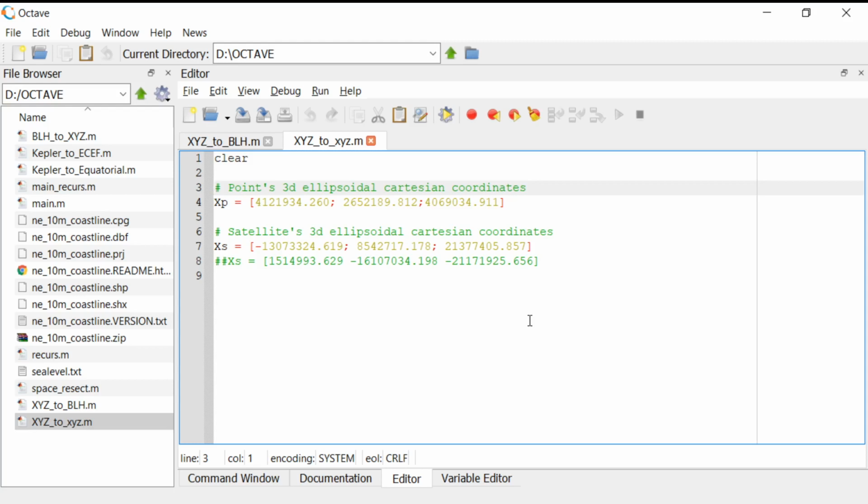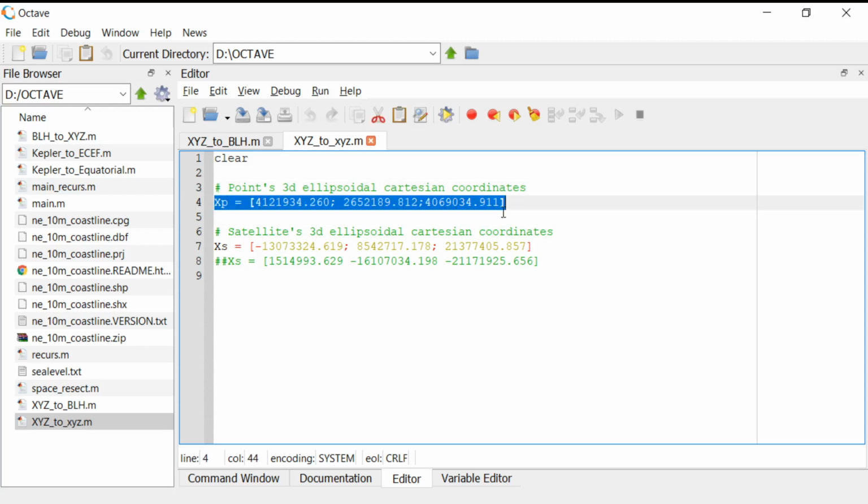So XYZ, uppercase to lowercase xyz. By using this, we will transform to a local system. For this purpose, I defined previously a point, and the point coordinates are given by xp.